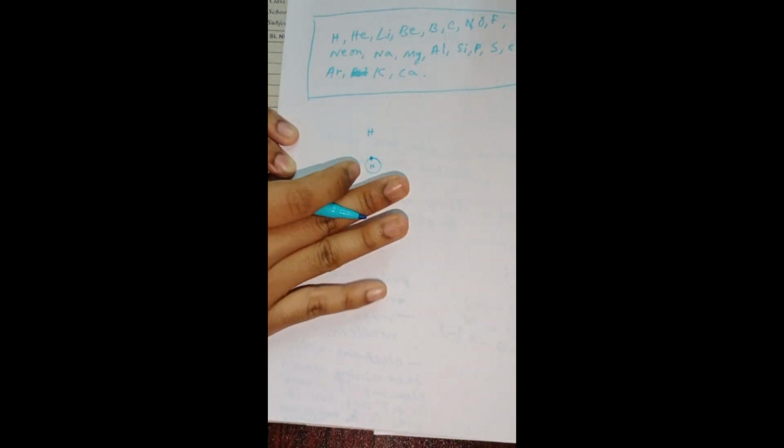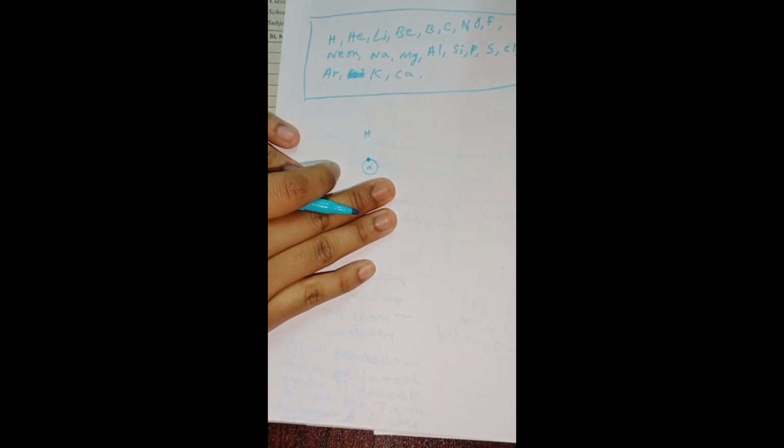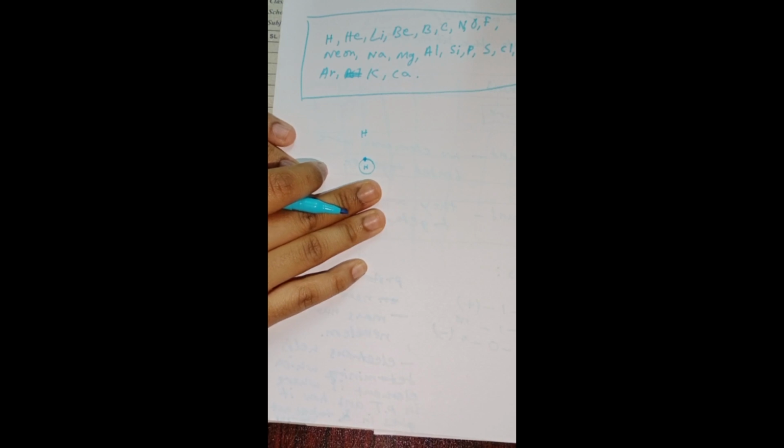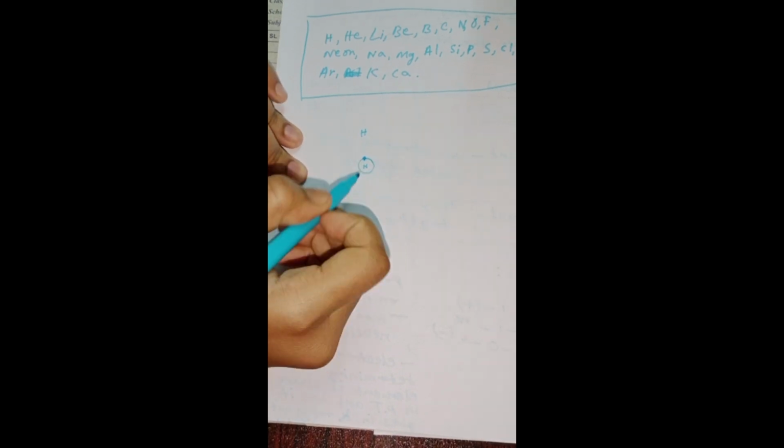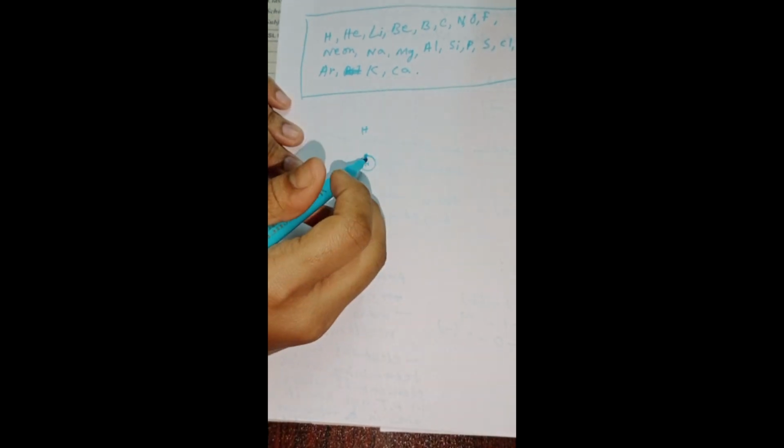So we can tell this is hydrogen. Now this is not stable at all. You may be asking why. The only reason that it is not stable is because the first shell of any element can hold up to two electrons. So you see there is one.